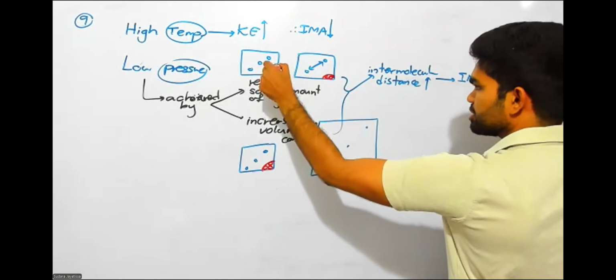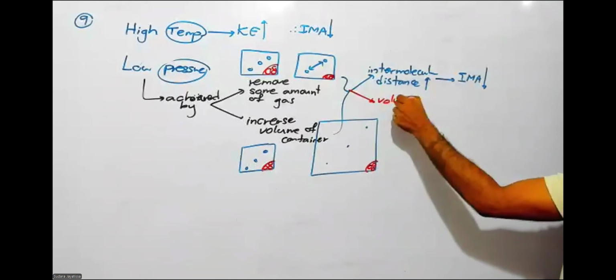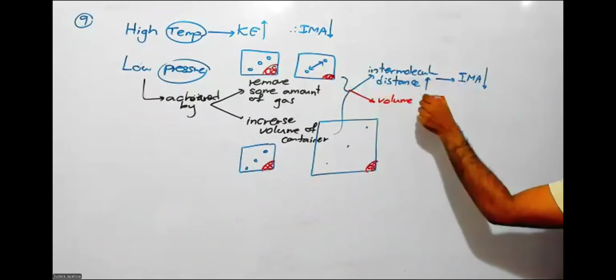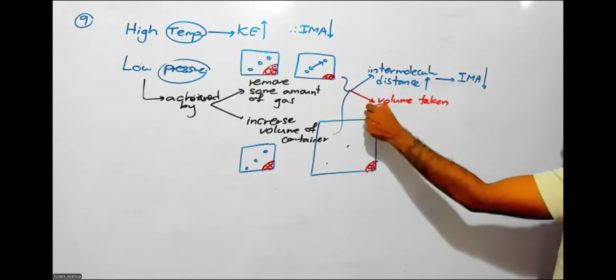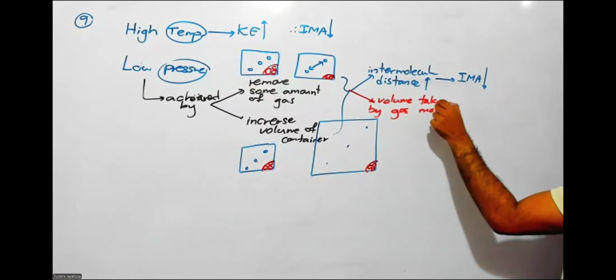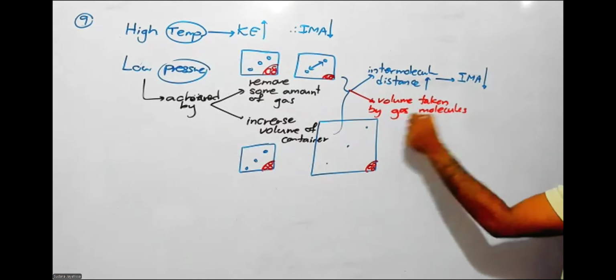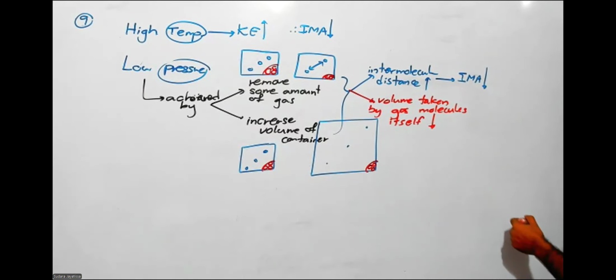So in both cases, intermolecular distances are increasing, and in both cases, the volume taken by the gas molecules themselves decreases.